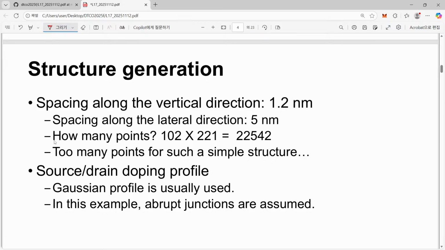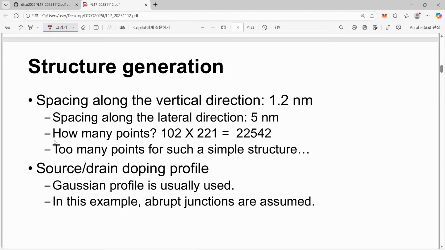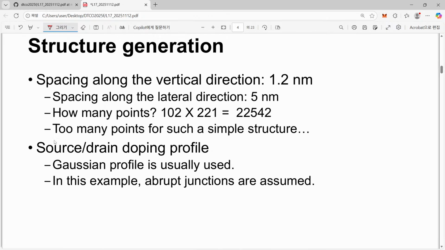Eventually, when we have a FinFET, we will just take the FinFET structure generated from Armstrong graphite directly. But for a while, we'll just draw something, and that is related with this structure generation part.